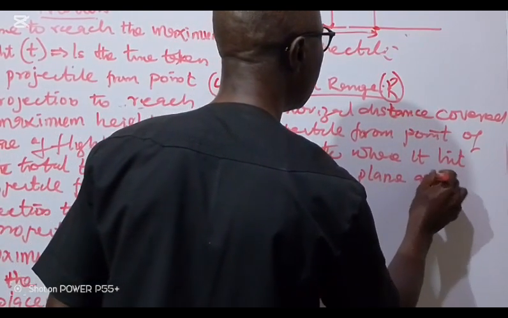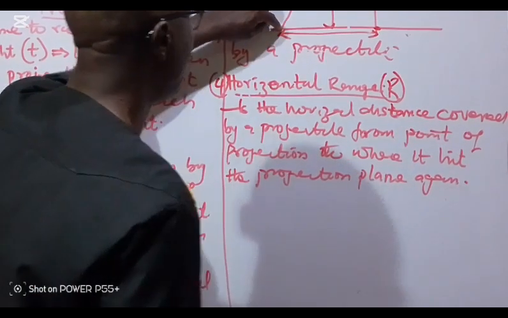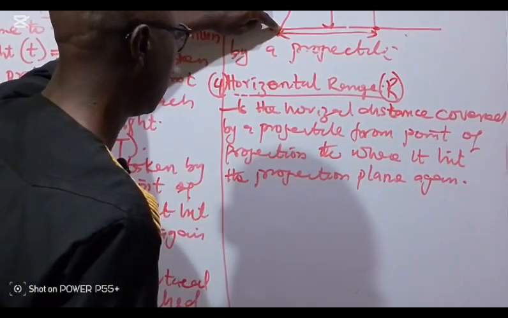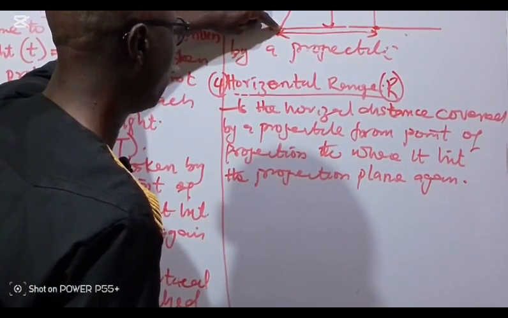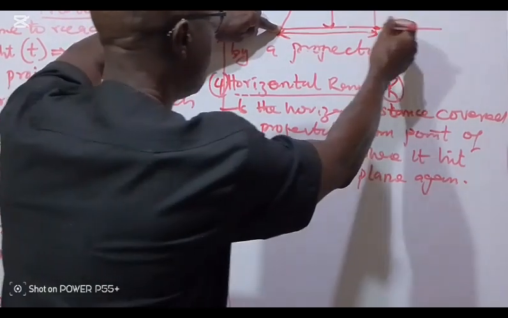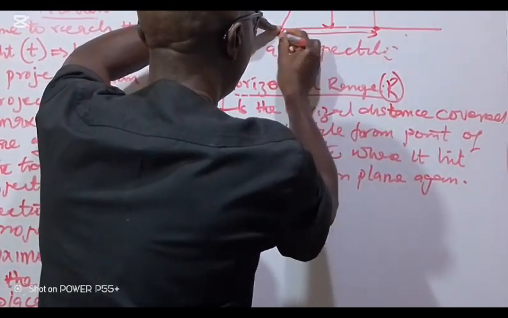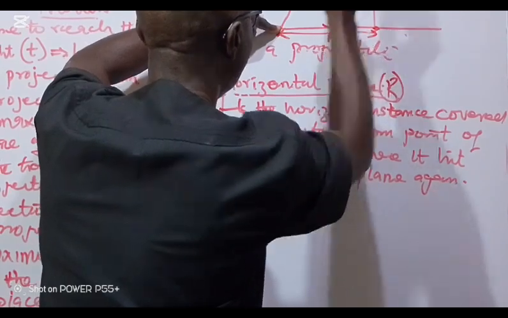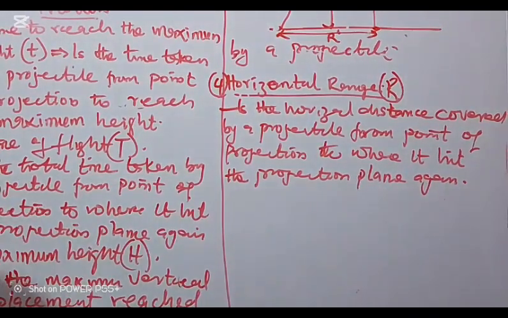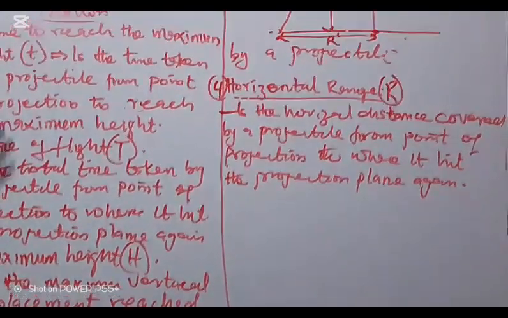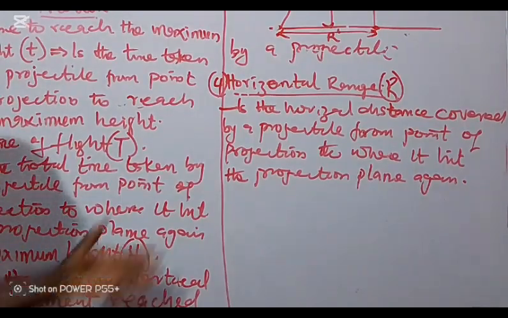That is from here, this is the point of projection. This is the projection plane. So when it travels, the horizontal distance covered from here to here is the horizontal range. These are the major terms used in projectile motion.